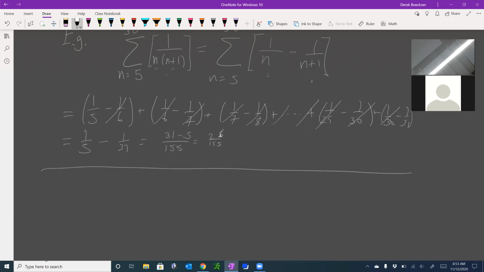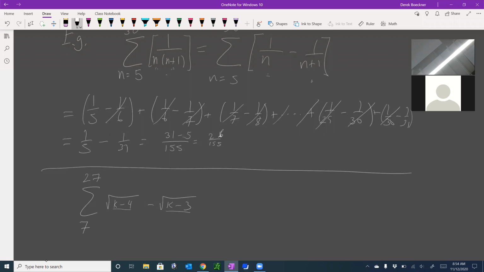Like the book has one here. Sum from 7 to 27 of the square root of k minus 4 minus the square root of k minus 3. So this is going to be telescoping because this is k minus 4 and this is k minus 3, right? They're still under the square roots.